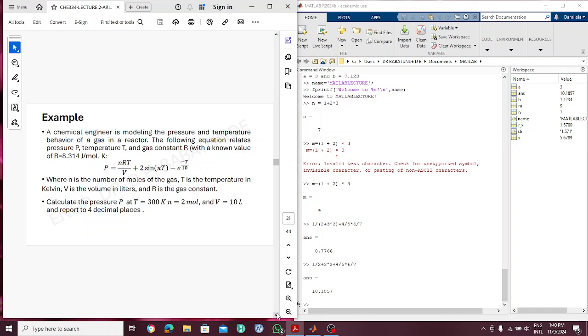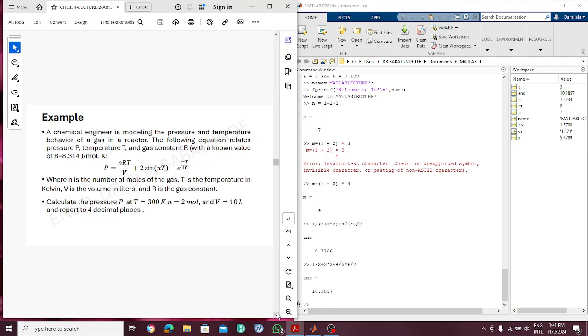Okay, so we have looked into built-in functions, built-in constants, hierarchy of operations in MATLAB. So let's apply it to a problem. Now there is this person that is modeling pressure and temperature behavior in a gas reactor, and the person believes that pressure is equal to nRT over V plus 2 sine pi t minus exponent minus t over 10.